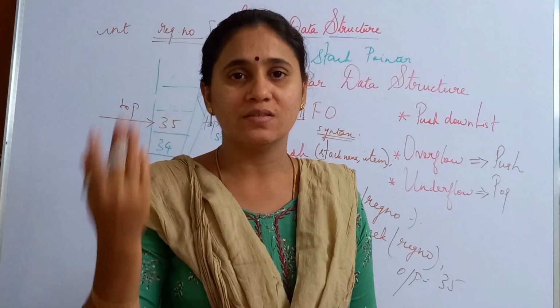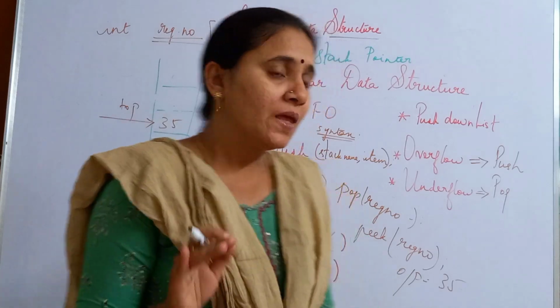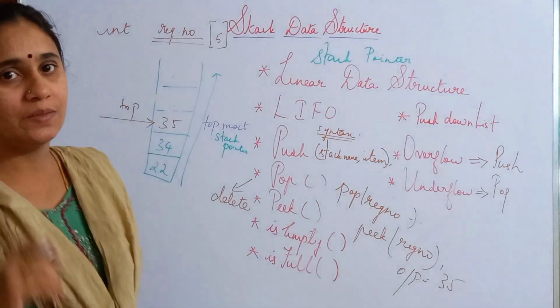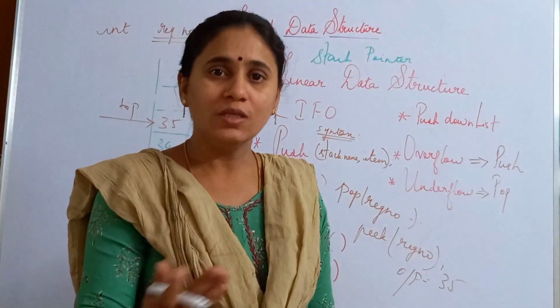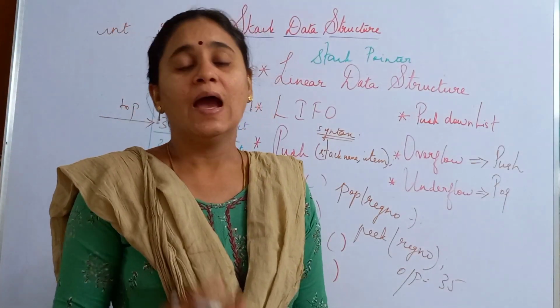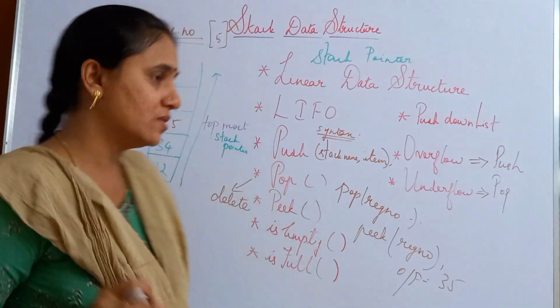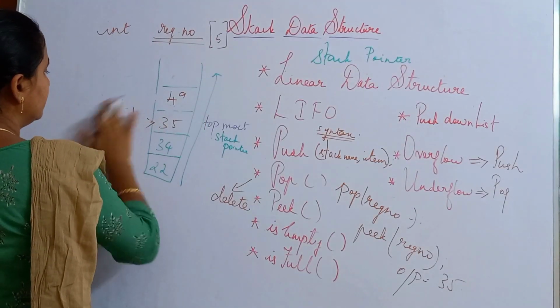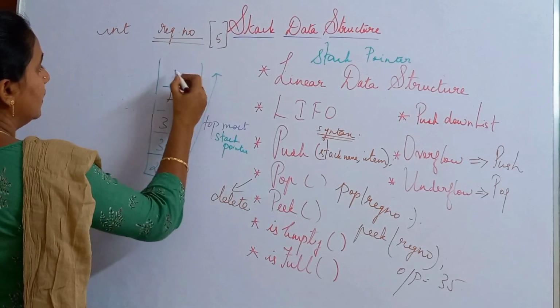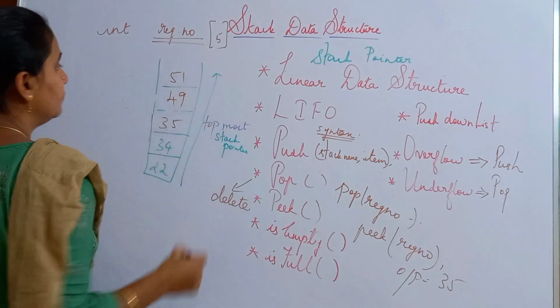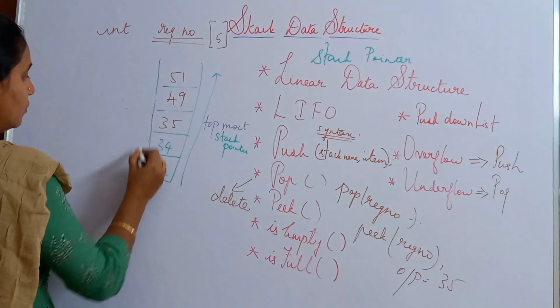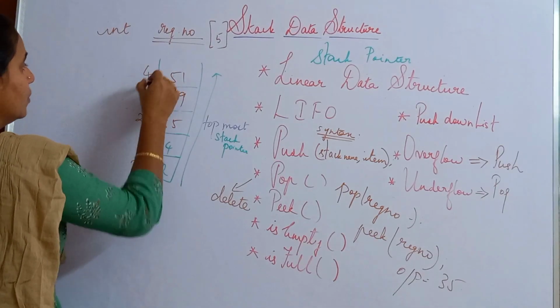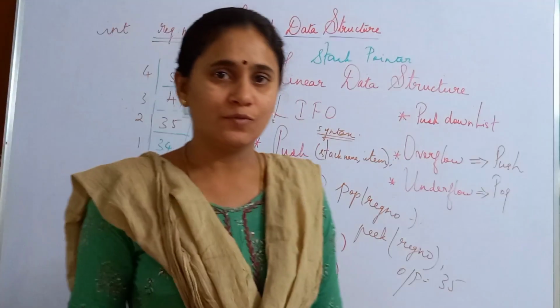We cannot exceed that. Now we already have 3 elements. Using the push operation, I have inserted 2 more elements, for example 49 and then 51. So I have stored 0, 1, 2, 3 and 4. A maximum of 5 elements I have stored.